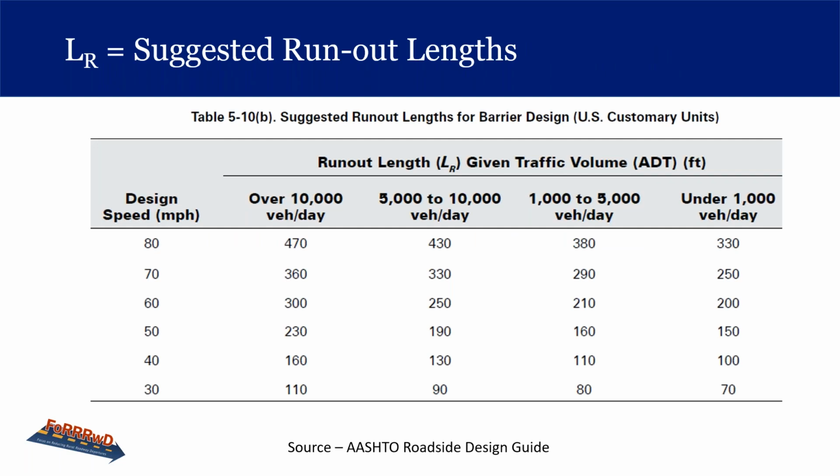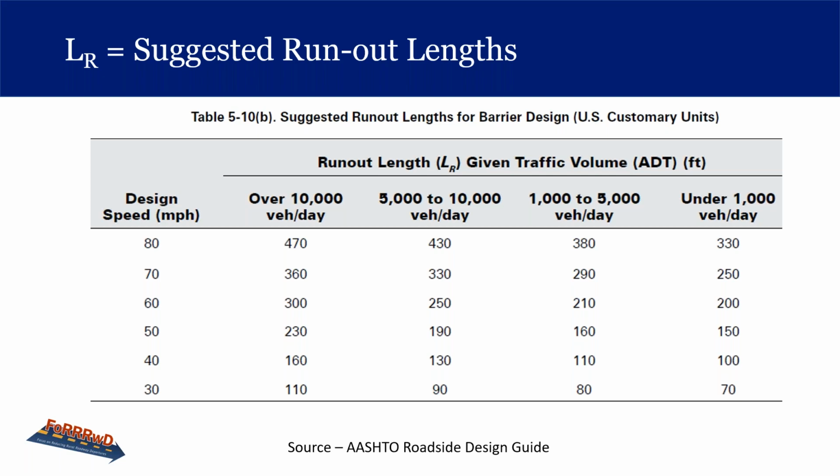Here are the suggested run out lengths for different design speeds and different average daily traffic. This table is for run out lengths and is found on page 5-50 in the Roadside Design Guide. Run out length is a function of design speed and traffic volume. You will note that the distances range from 470 feet for high speed, high volume facilities to 70 feet for design speeds of 30 miles per hour and traffic volumes under 1,000 vehicles a day.